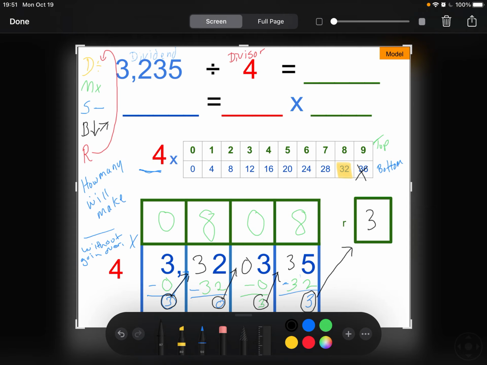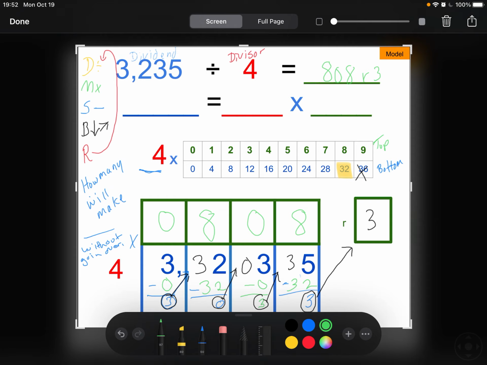Now, why didn't I continue to repeat? Well, I have nothing left over to bring to continue to divide, and my remainder is smaller than my divisor. Okay. So now my answer here is 808 with a remainder of 3.